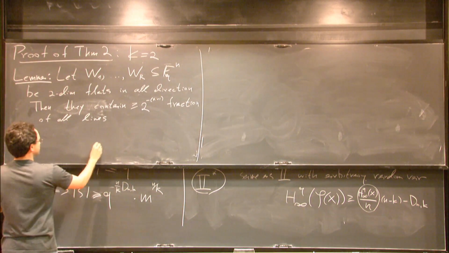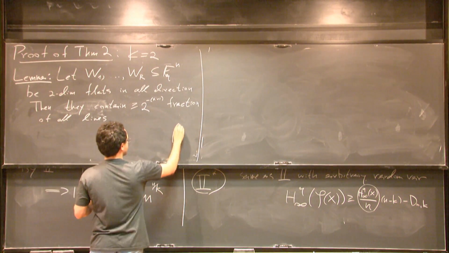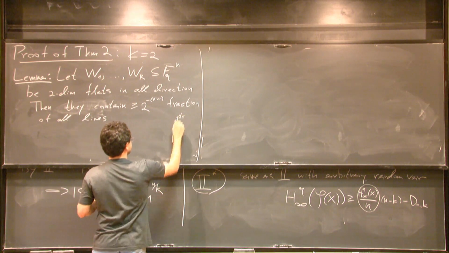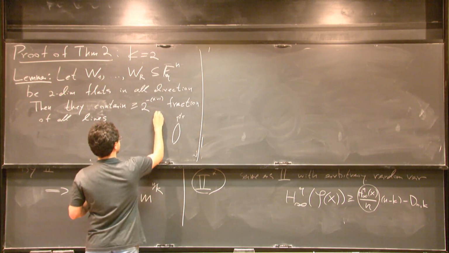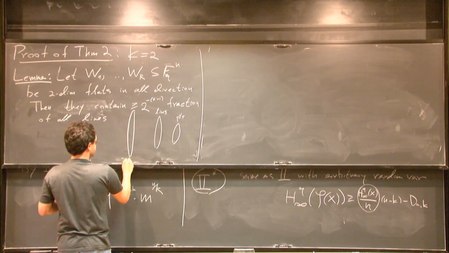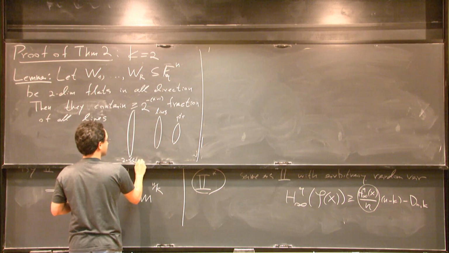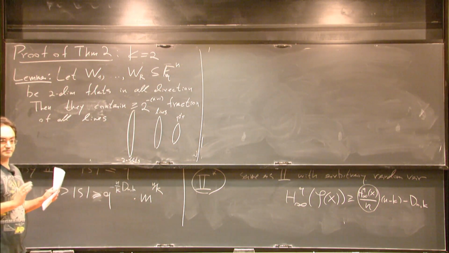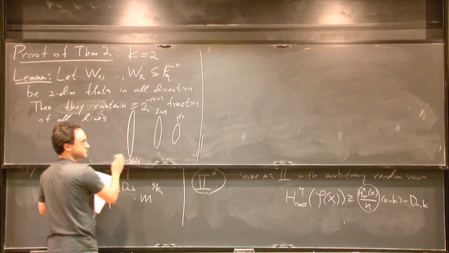So if you look at all the points, all the lines, and all the two flats. And the lines also with cubes? Yeah, all lines. These are all lines, all points, all two flats.